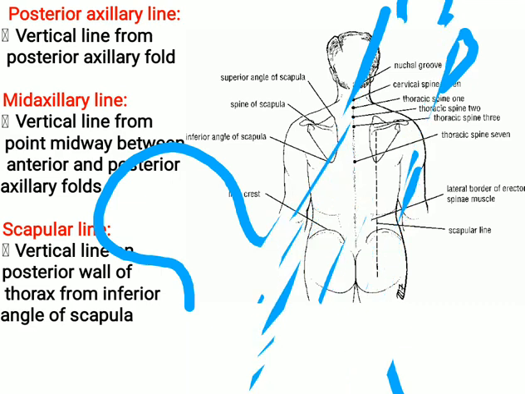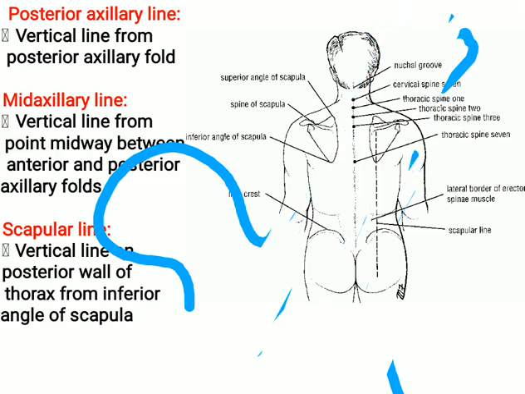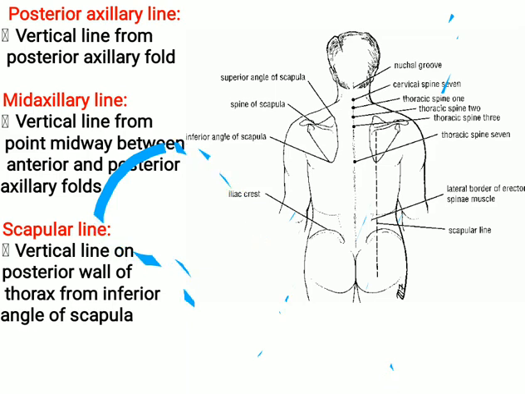Right now we are going to see the posterior aspect of the chest wall, the thorax, and you also have a line over there. It's called the scapular line. Just like the way the human body is made, you have the right and the left scapula at the back side.